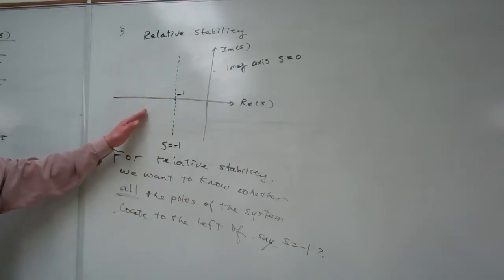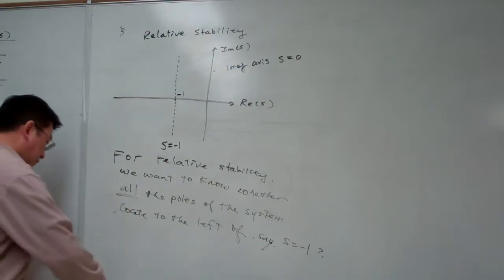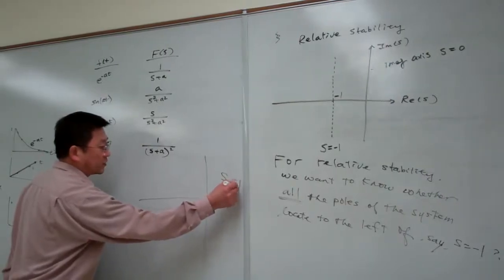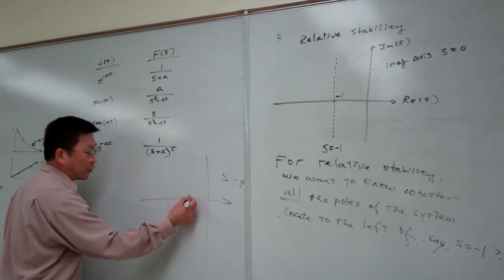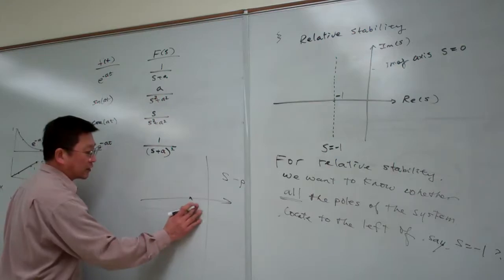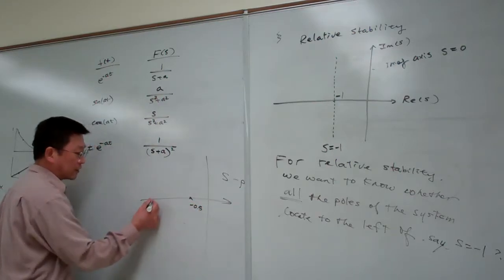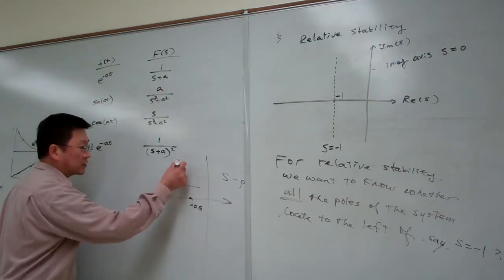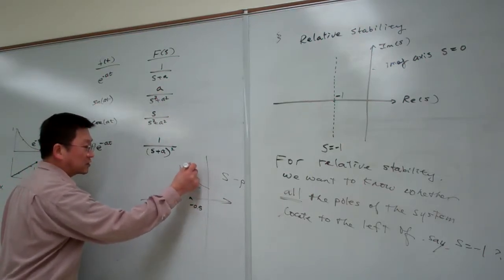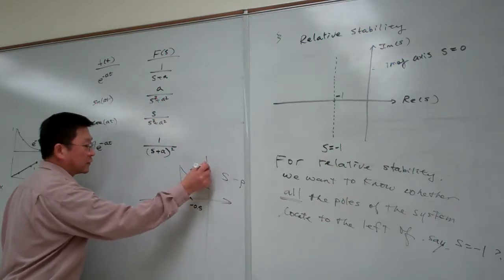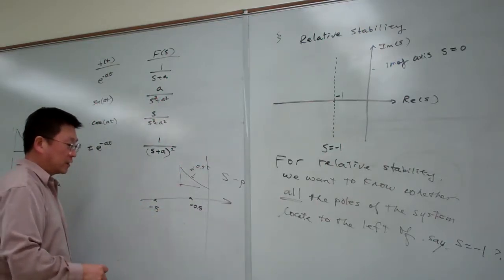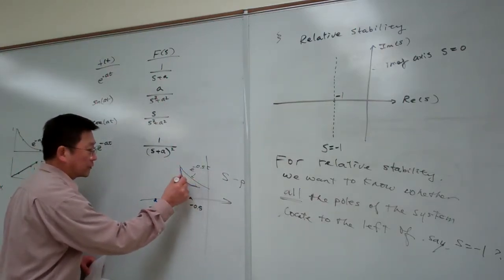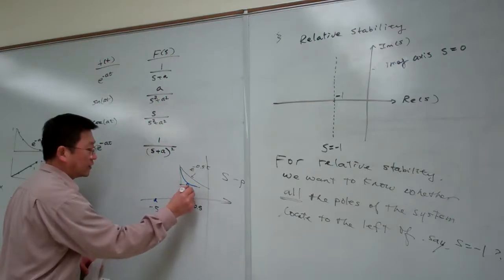More stable means, in our complex plane, this is the S-plane, if we have poles here, say minus 1, minus 0.5, and another one at, say, minus 5, then for the pole at minus 0.5 the exponential decay is e^(-0.5t), and for this one the decaying rate is e^(-5t).